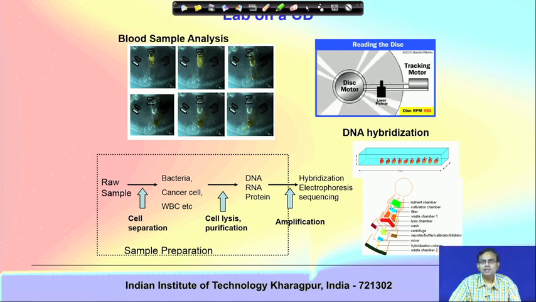So, for doing cell lysis, CD can be used as a platform. Starting from the raw sample to cell separation to cell lysis to DNA RNA amplification, hybridization or electrophoretic sequencing, all these processes together can be done on a single CD based microfluidic platform.